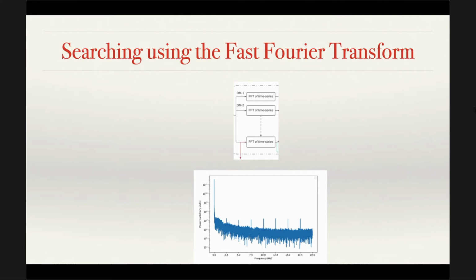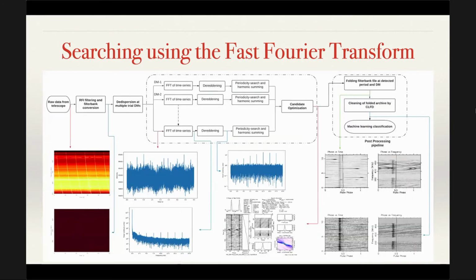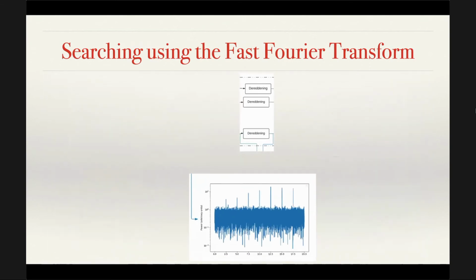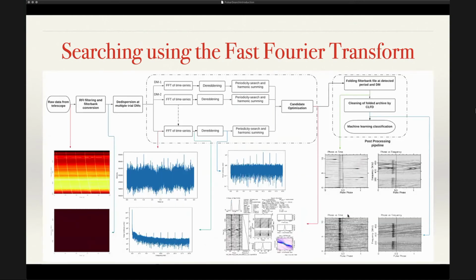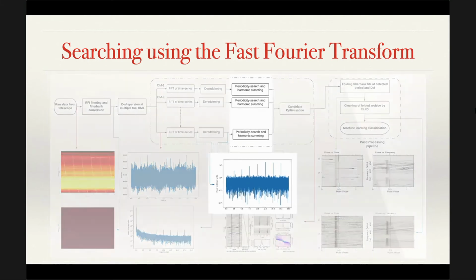So what we then do is something we call de-reddening. And de-reddening, you can see, has flattened out this noise, okay? So we've fixed the mean of the data. And now you can clearly see these different peaks here, and you'll notice that the peaks appear to be equally spaced. So that brings us to the next stage in this analysis, and that is to identify these peaks.